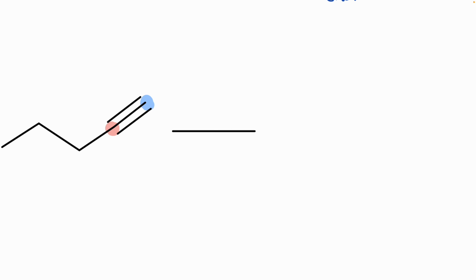Now instead of mercury acetate, you're going to use mercury sulfate in sulfuric acid and water. And just like before, when you see mercury, you're going to think the more substituted carbon.